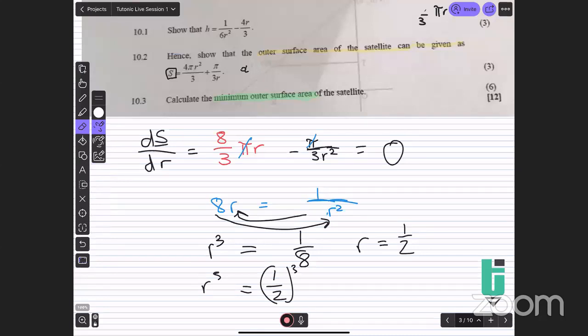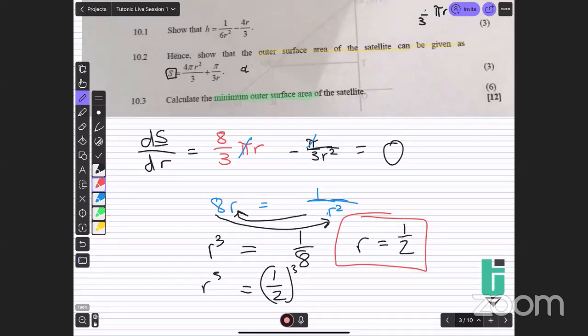But is this the answer to the question? Is the answer r equals half? No. Why not? What does this mean? It's at the point where the derivative equals 0 that you can find the maximum and minimum.